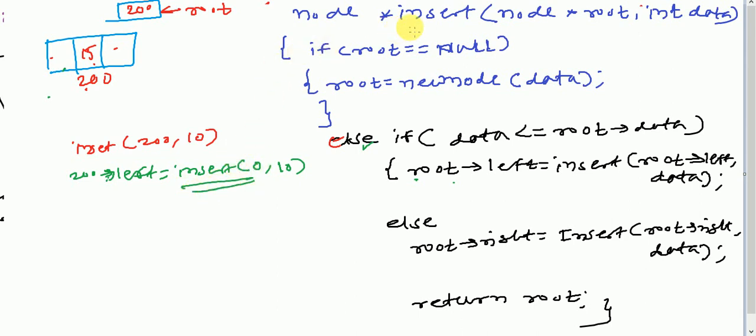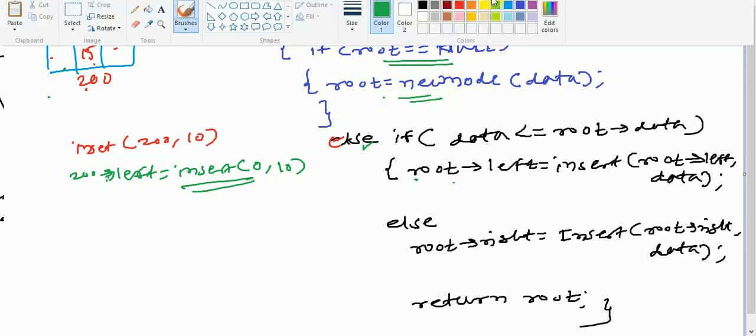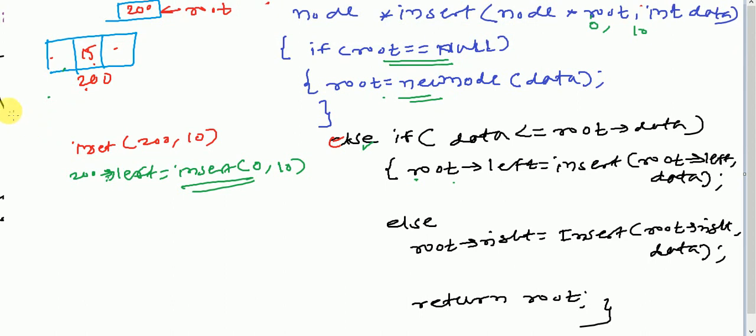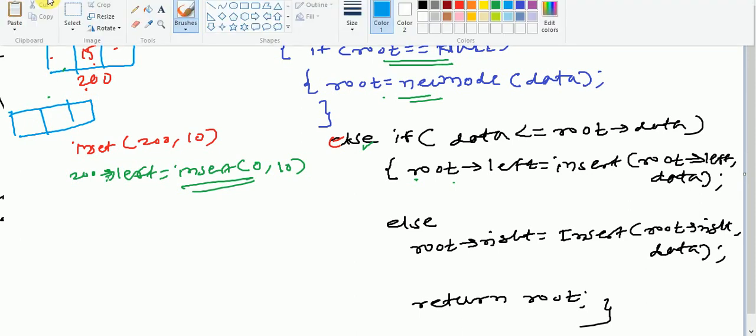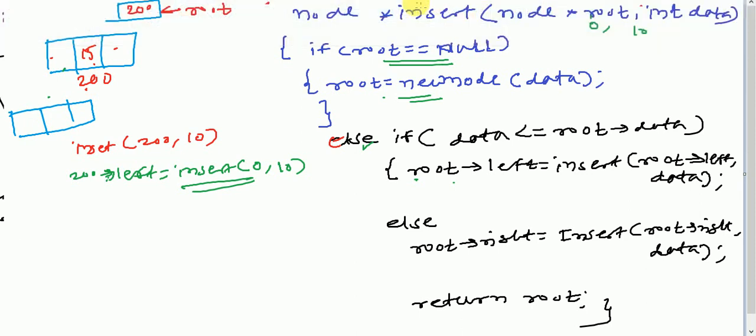So we'll come here with the root as null and data as 10. So since root is null over here, it will create a new node. Let's say this is creating a new node with address, we'll give address something 150. Okay. So this has created a new node with address 150 over here.